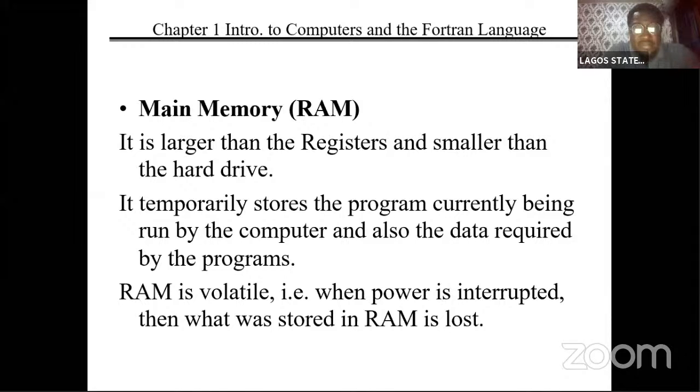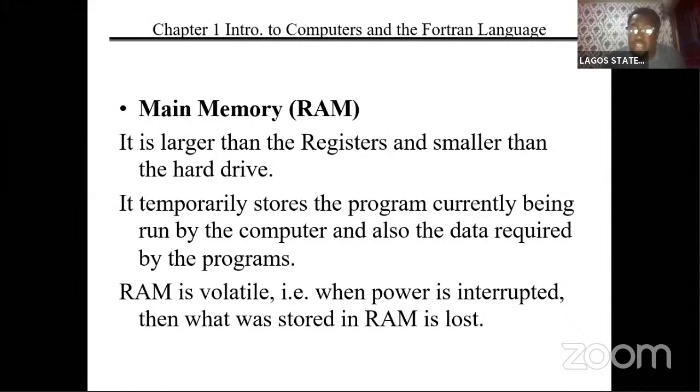The RAM is also a memory that is bigger than the register, but smaller than the hard drive. What it does is that it temporarily stores a program that is being run by the computer and also allows the data required by the computer to be temporarily stored.